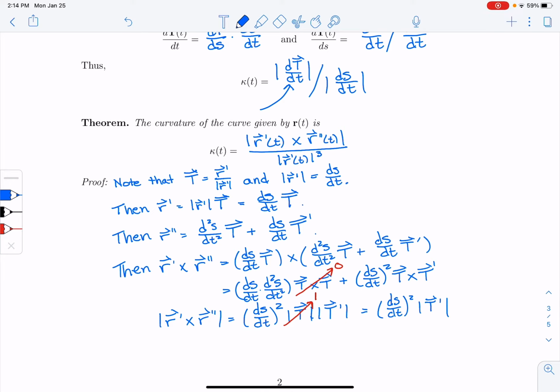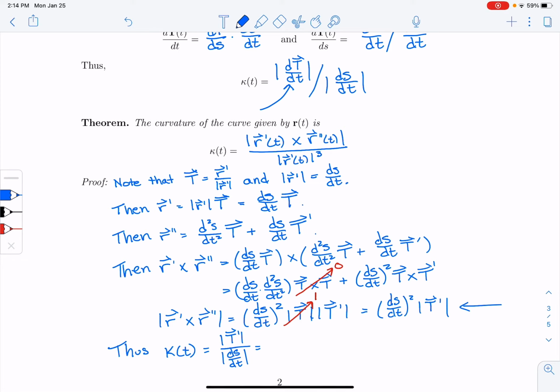Okay, so look here and you'll see that the magnitude of T prime appears in our definition of curvature. So what is curvature? That curvature, which is kappa, is going to be the magnitude of T prime divided by the magnitude of ds/dt. The magnitude of T prime we can get by solving for T prime in this equation here.